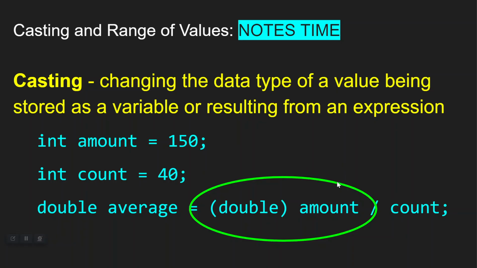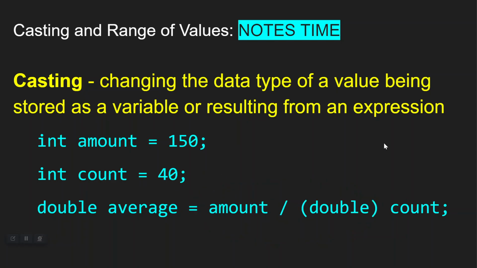But as long as either the numerator or the denominator is cast to a double before you do the division, then you're going to get the correct value that you are looking for. So here's what that would look like on the other end. You could do amount divided by double and then count this way. That would also properly cast your integer to a double and then give you the correct value.